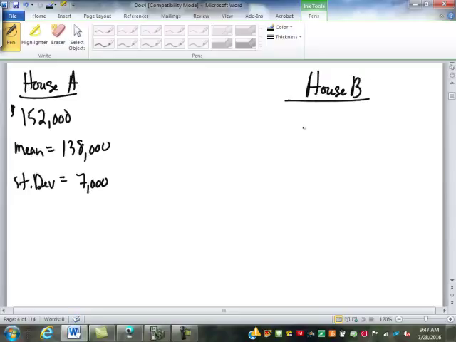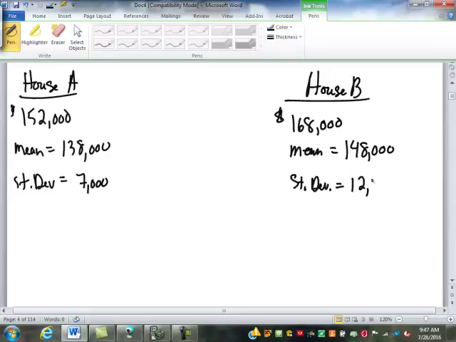House B has a list price of $168,000. It is in a neighborhood where the mean price is $148,000 and the standard deviation is $12,000.